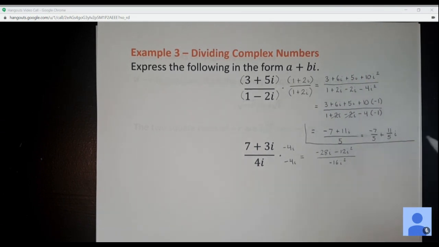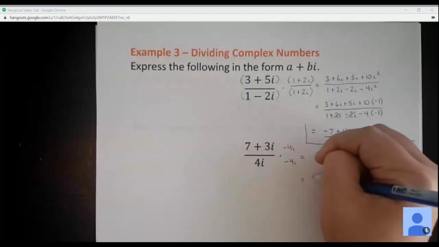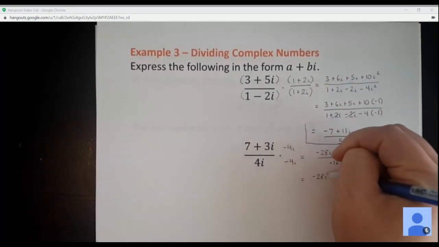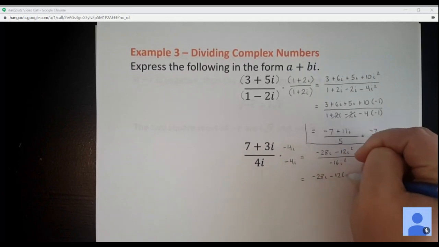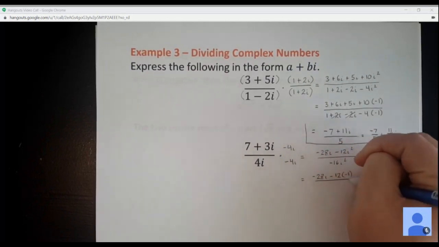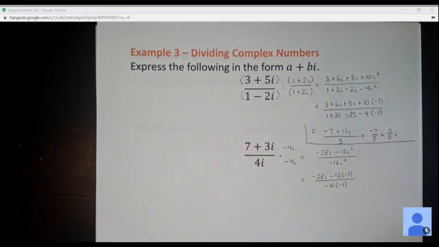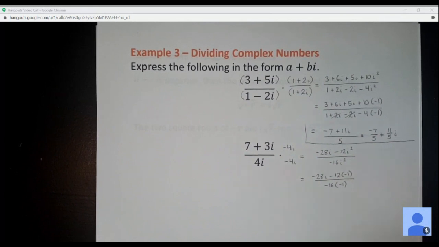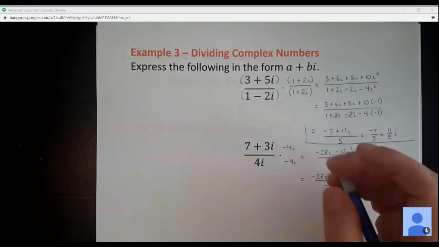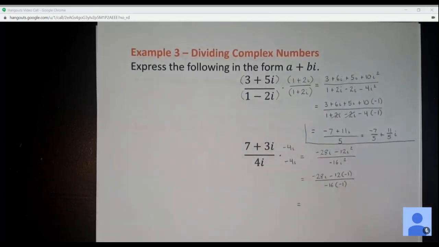All right. So now, remember, we can change our i squareds to negative 1s. That's going to give us negative 28i minus 12 times negative 1 all over negative 16 times negative 1. So now if we simplify that, what should the numerator look like?